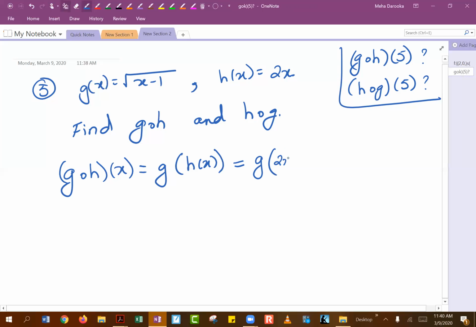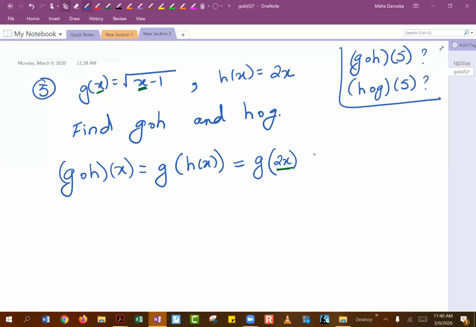So you're going to replace the inside function H of X by what it's given to us, 2X. Now this is function notation, guys. Remember what I told you. If they put a little baby elephant in here, that's what you should be putting in your G function. So everywhere that you see X is going to be replaced by 2X.